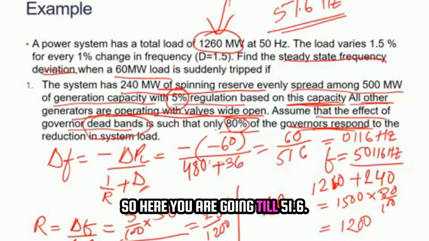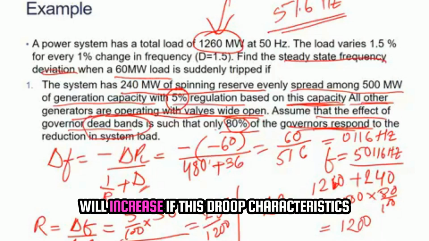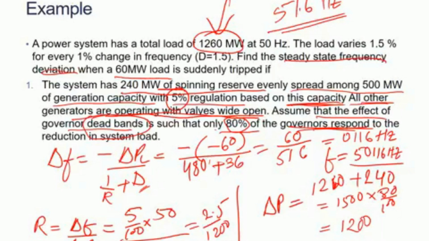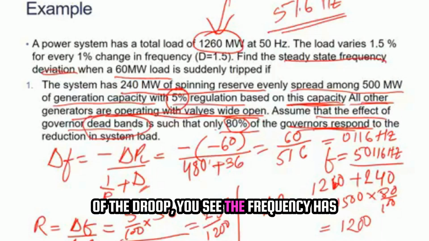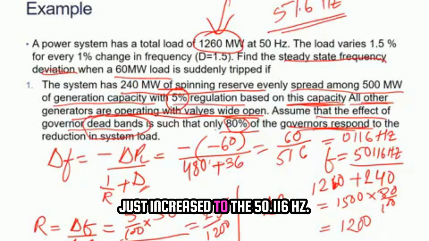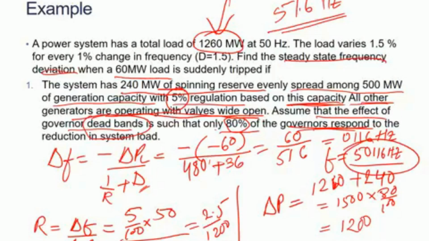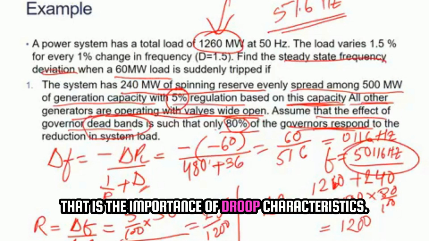So here you are going till 51.6. That is the value the frequency will increase to if this droop characteristic is not there in the system. And as soon as you add the effect of the droop, you see the frequency has just increased to 50.116 hertz. That is the importance of droop characteristics.